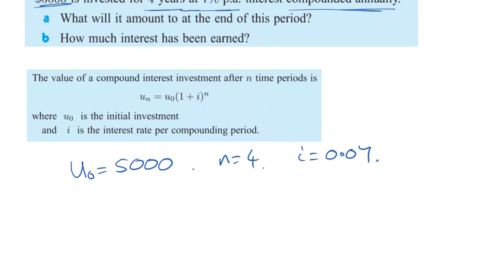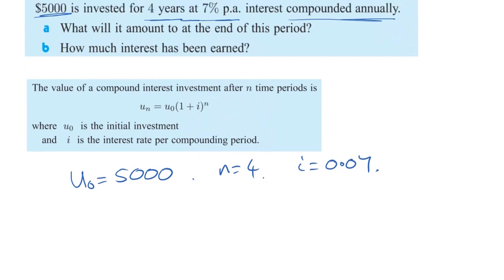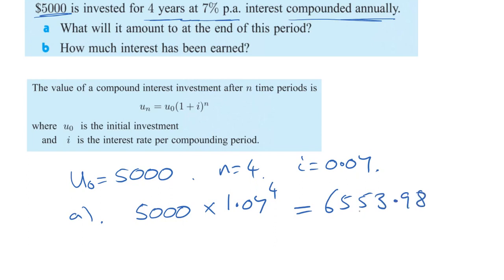So all we have to do is pop these numbers into the formula, and it's going to work out our answer to A, because we're looking to find out how much money there is at the end of these 4 years. So we're going to have 5,000 multiplied by 1.07 to the power of 4, and that is, rounded to 2 decimal places, 6,553.98.